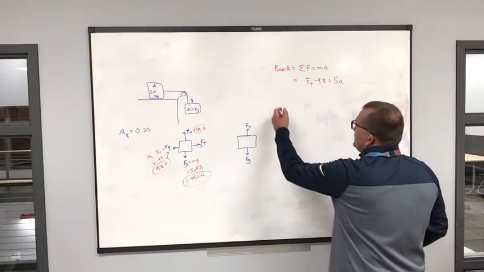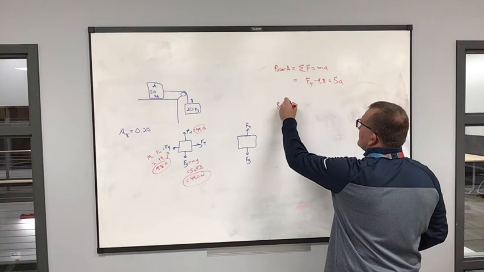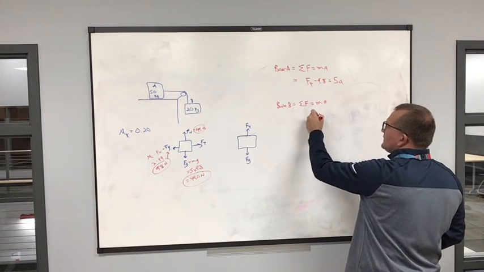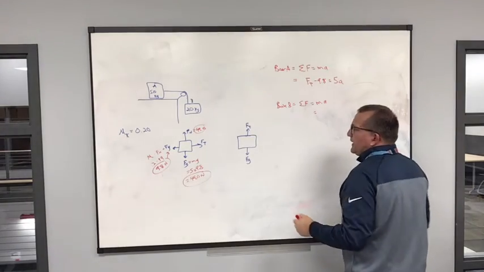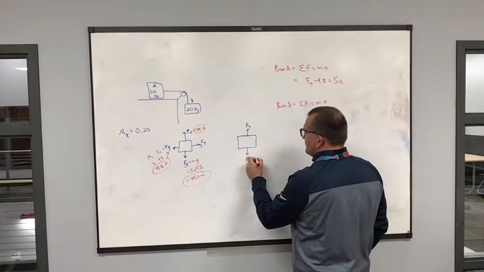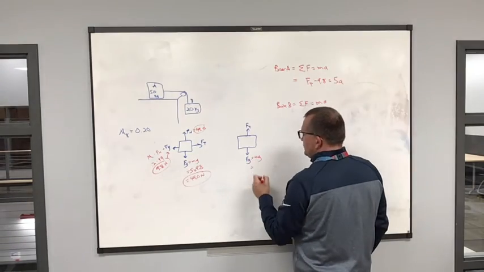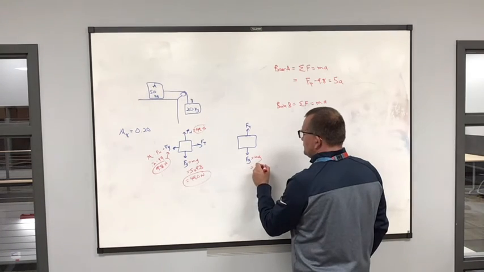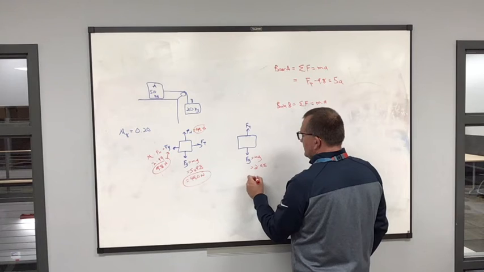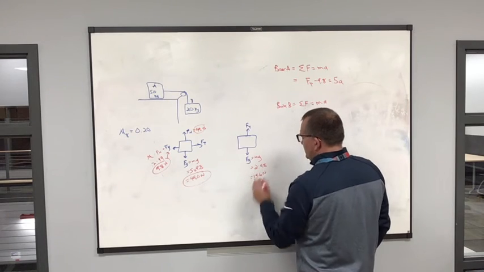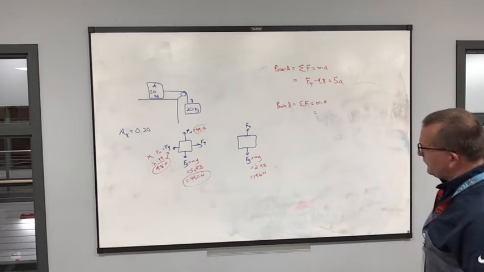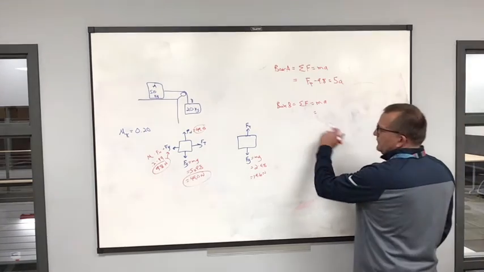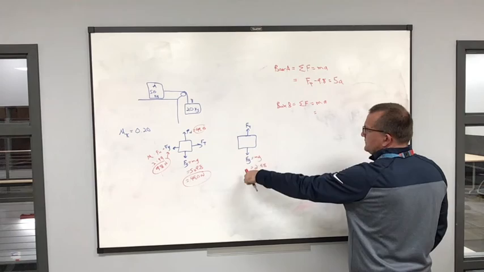For box B, again, net force equals ma. I got gravity in here. Box B is 2 kilograms. So that's mg. M is 2, g is 9.8. 19.6 newtons is the force of gravity on box B. So then my net force is going to be, this is negative, that's positive.